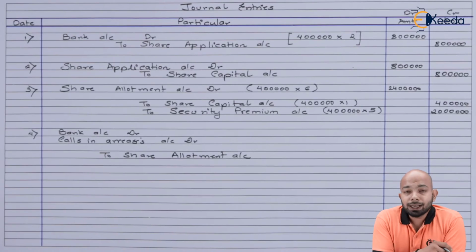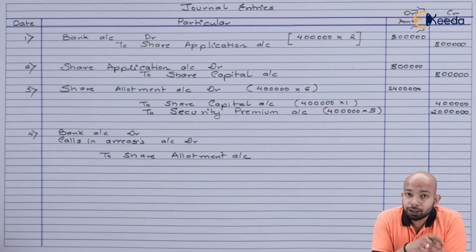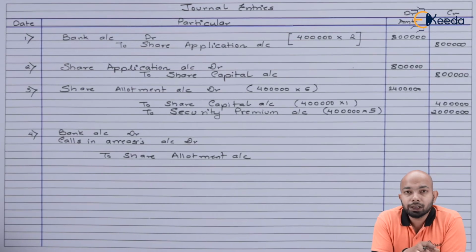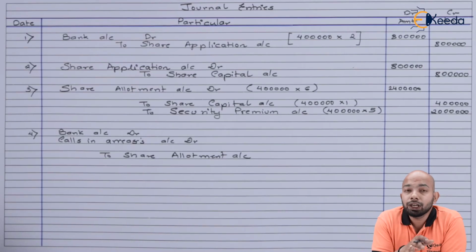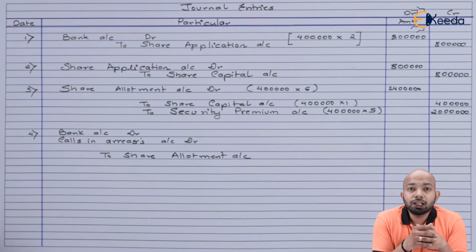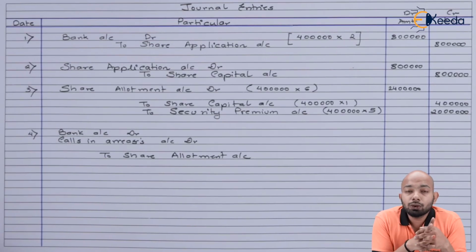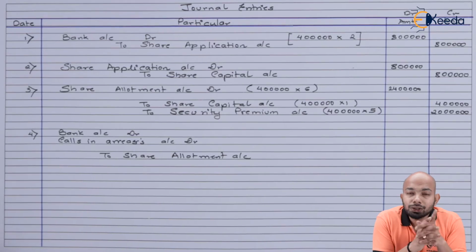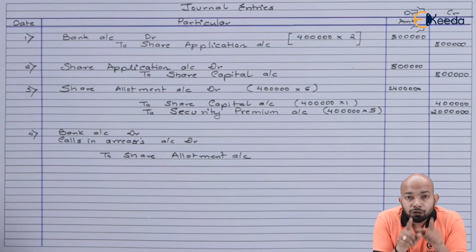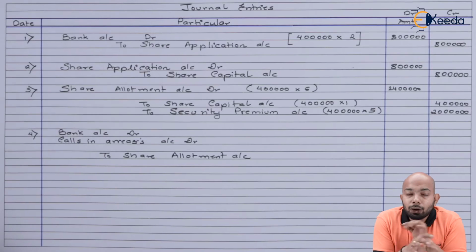Now the entry that we have passed here is bank account debit, calls in arrears account debit, to share allotment account. We are expecting 24 lakh, but we are not supposed to receive 24 lakh, because one shareholder, Mr. B, who has around 4,000 shares, hadn't paid up the allotment amount, which refers to 6 rupees. So 4,000 multiplied by 6, that amount hasn't been paid up by this specific shareholder.